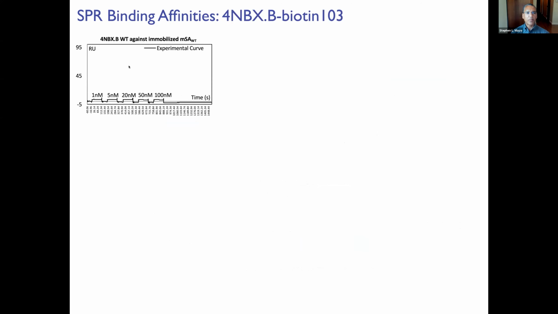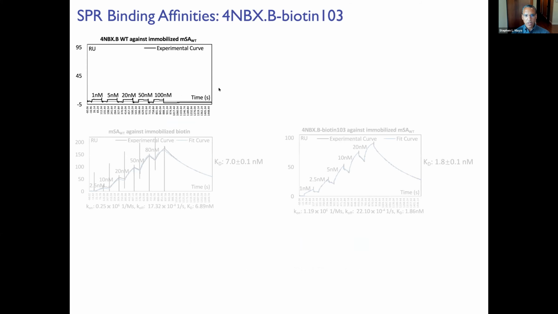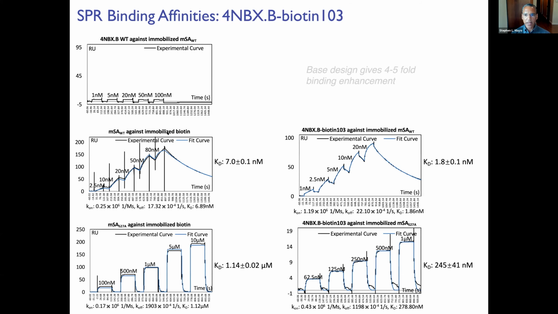Okay, so then wild type 4NBX does not bind to streptavidin at all, as measured by SPR. And then if we look at our base design, which has no optimization in the interface, it just positions the biotin on the nanobody, and then we get for free the two interactions that I mentioned previously that come along for the ride.